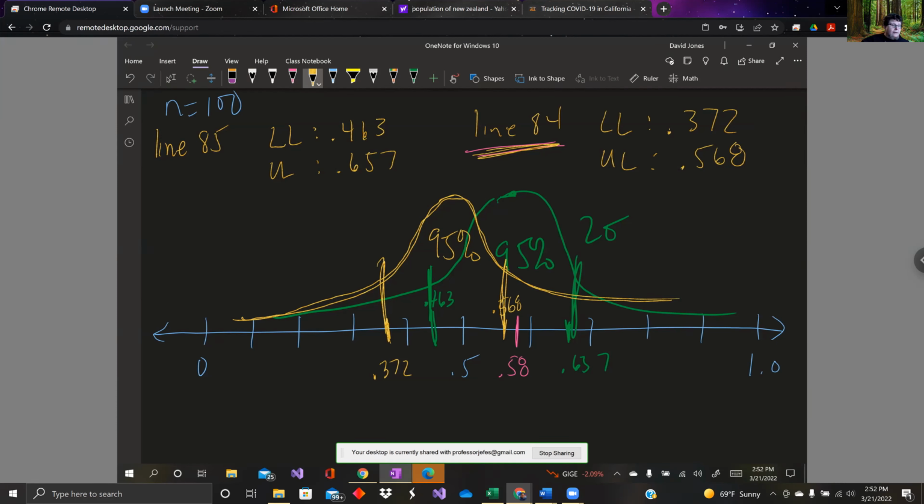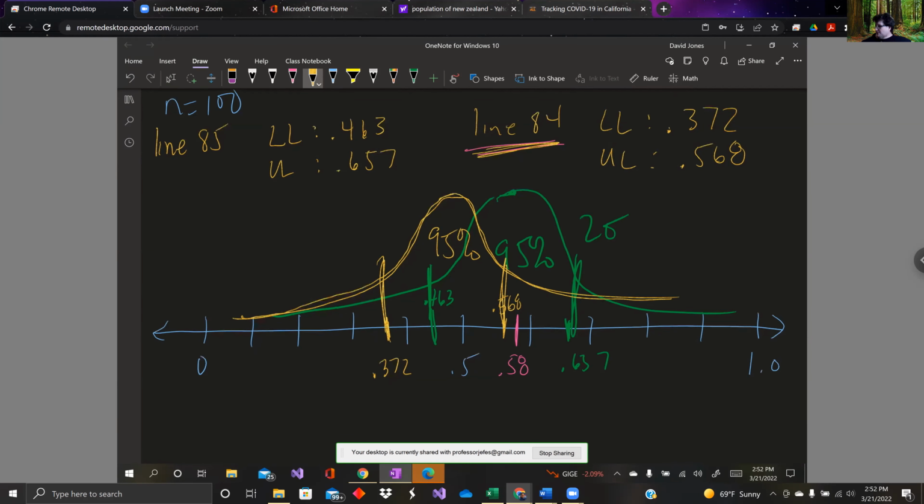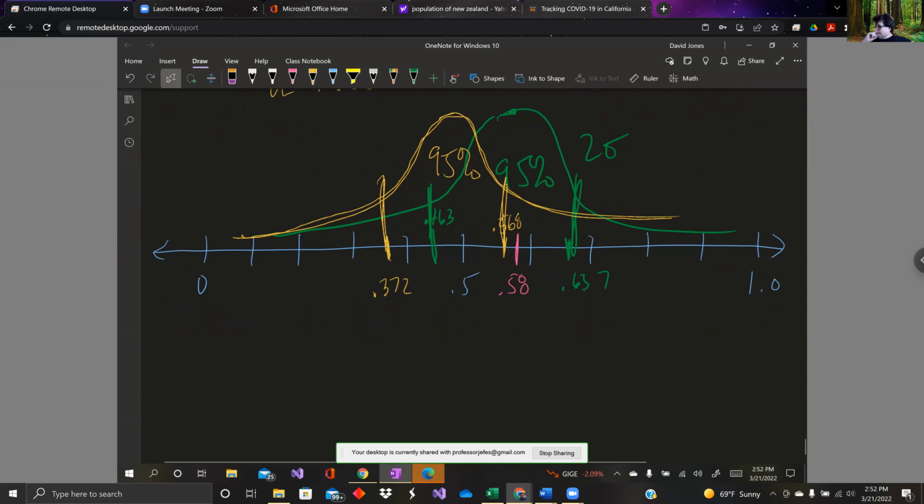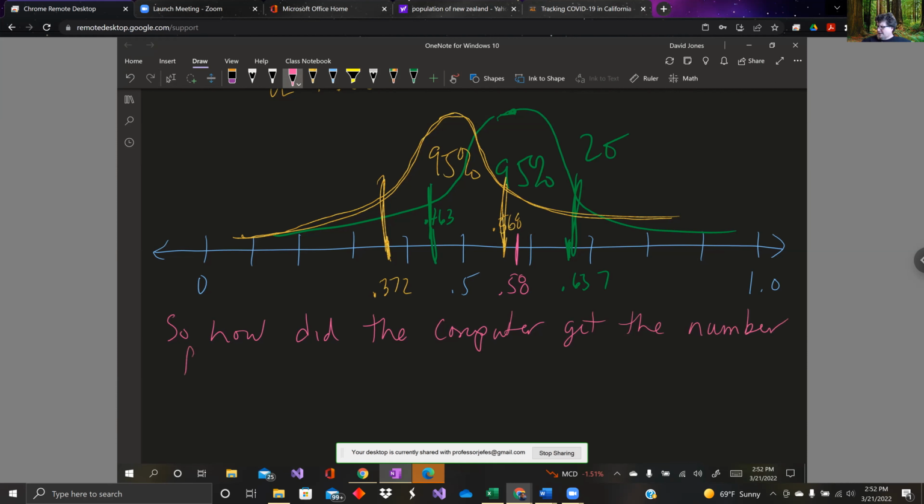Okay. That's why we're going after this. So how did the computer get these numbers for the upper limit and lower limit?